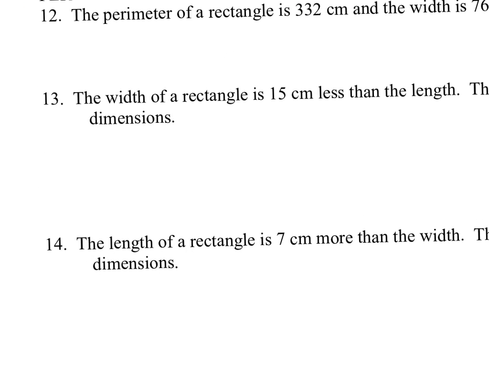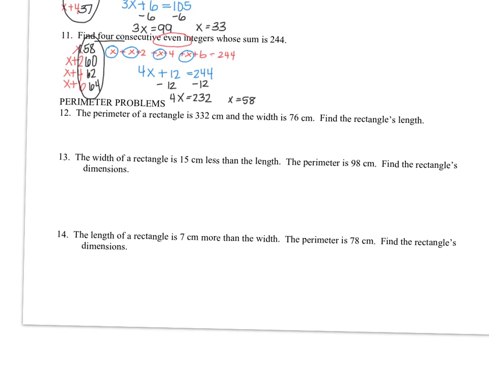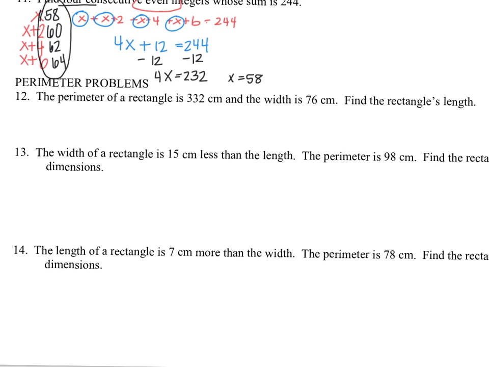All right. Last section of problems are perimeter problems. Number 12 says the perimeter of a rectangle. So let's draw a rectangle. Says the perimeter is 332, the width is 76. So we have 76 here and 76 here.